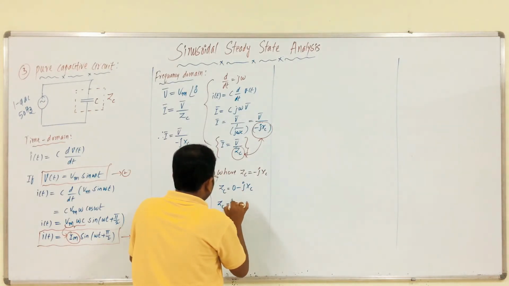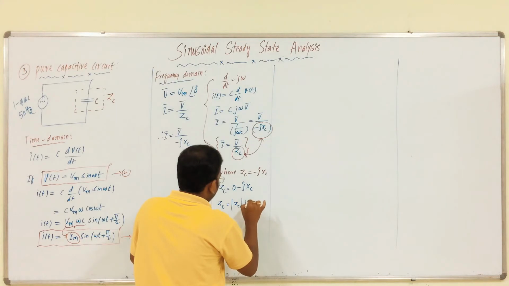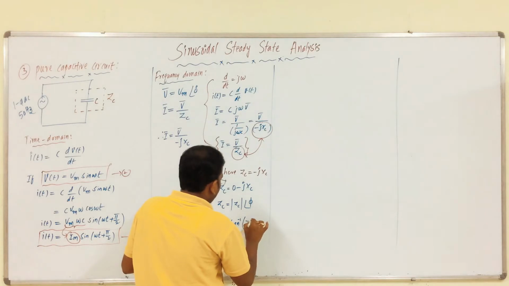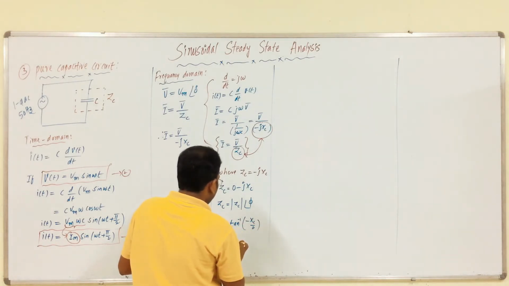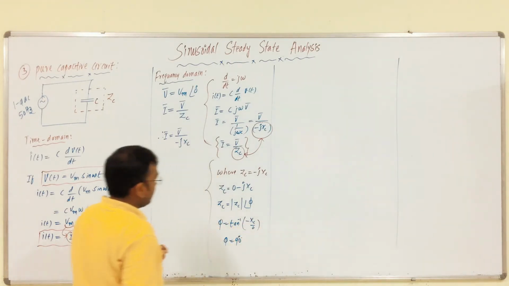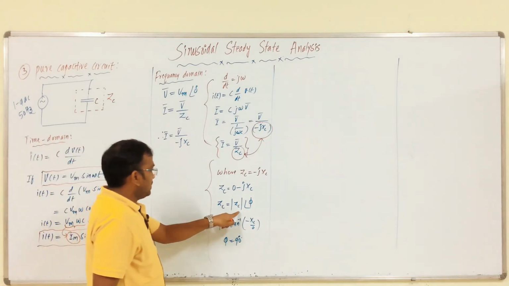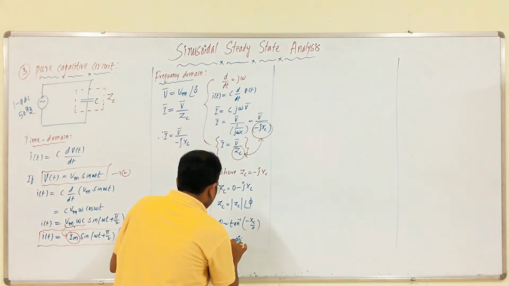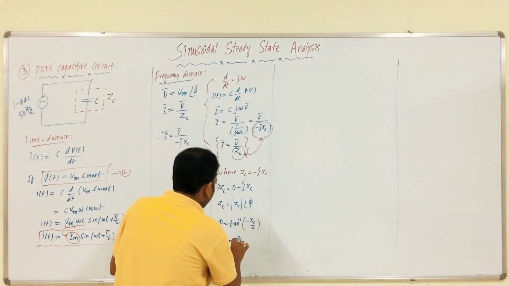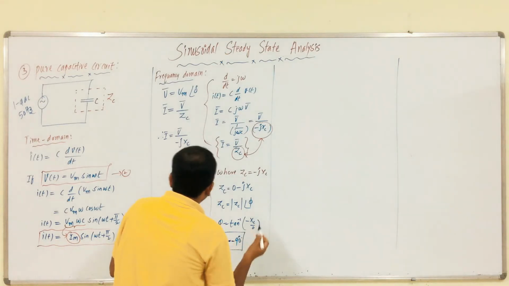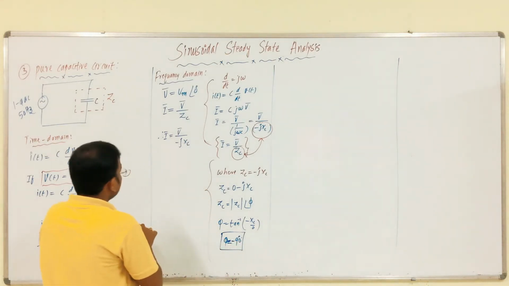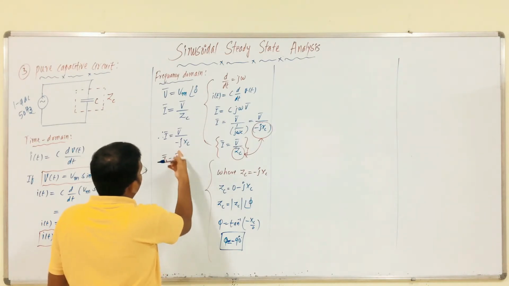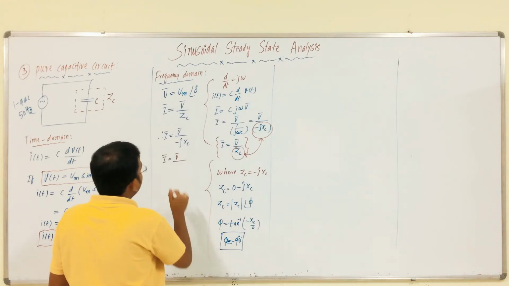Therefore ZC is nothing but mod ZC at an angle phi. Phi should be equal to tan inverse of minus XC by 0, which is minus 90 degrees, right? So from this analysis minus j means minus 90, right?